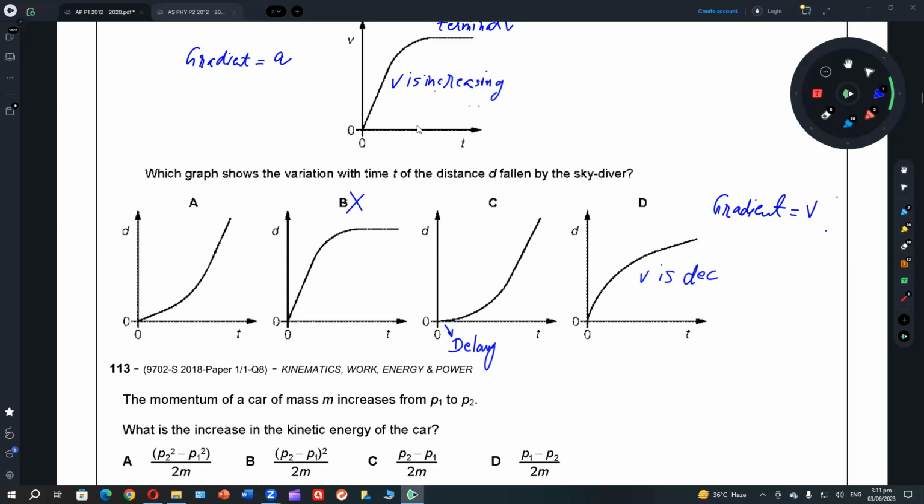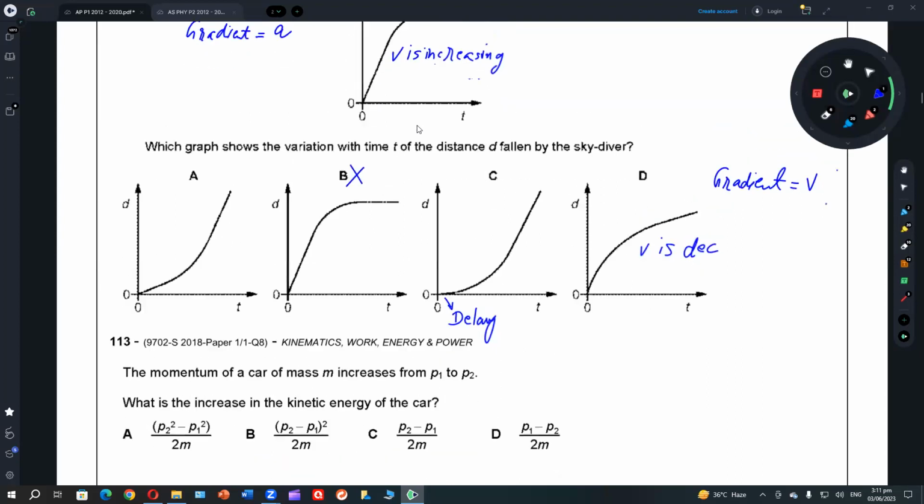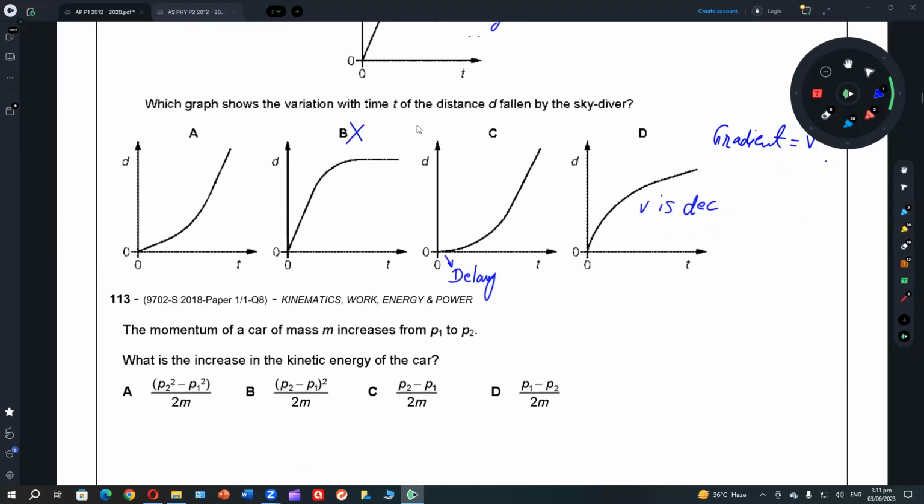Skydivers do not begin to travel immediately. So both the sketches are very close. So now select which one is better. So C, yes, good. C is the option.